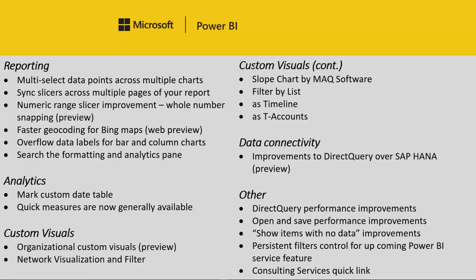What I mean by flighting is that it's going to be released slowly to some users, and after a while, everyone's going to start seeing it, and we're just going to slowly expand the audience that is getting this new faster geocoding. Because of the nature of that, it's first just going to hit the web. You won't notice anything different in the desktop, but on the web, for your consumers and you, whenever you're working with your report, you will likely see it starting to work faster if you're in the flight.